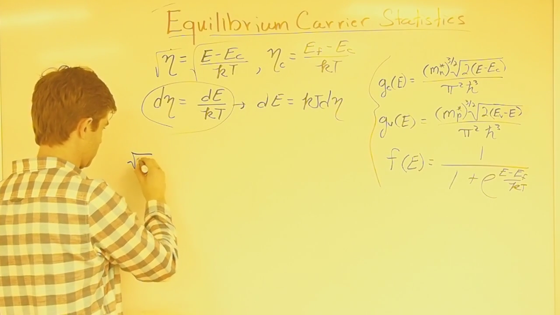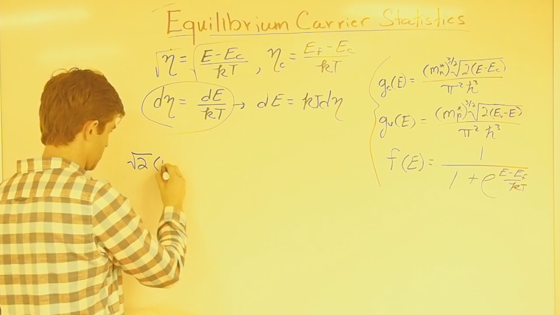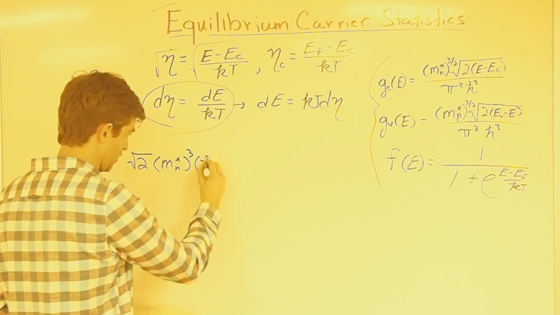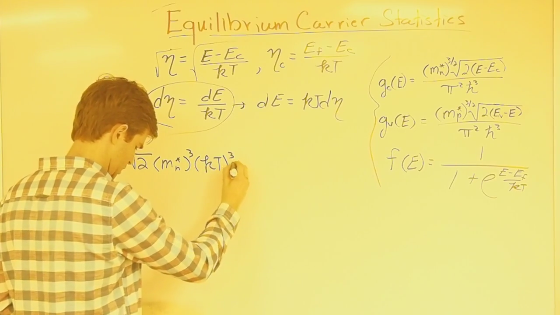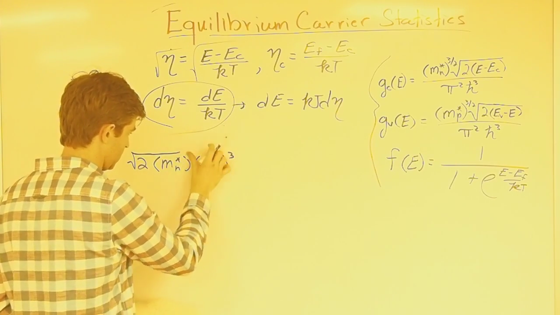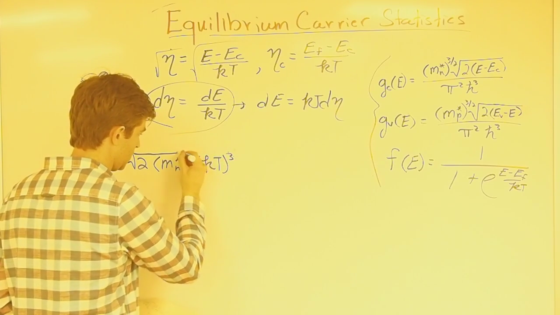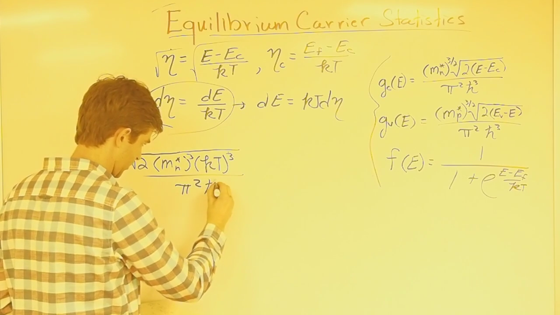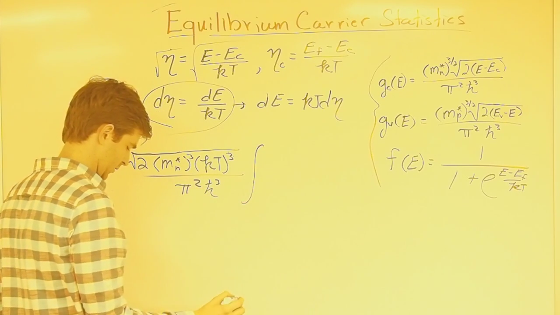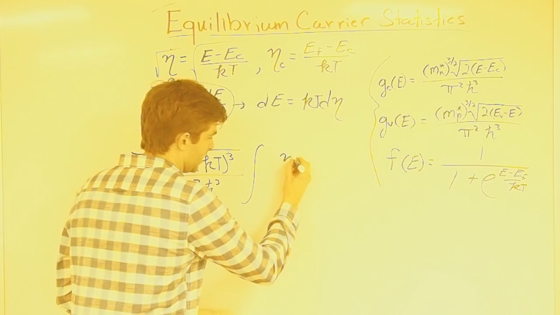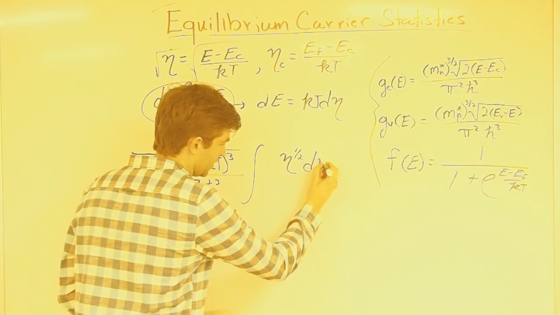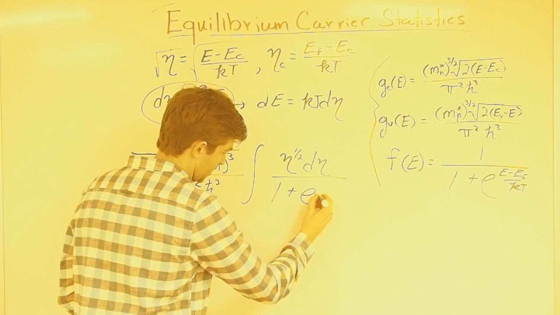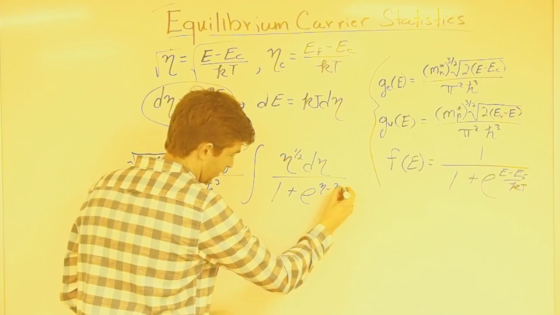root 2 m_n star^3 kT^3 all square rooted over pi squared h bar^3, integral eta to the 1/2 d eta over 1 plus e to the eta minus eta_c.